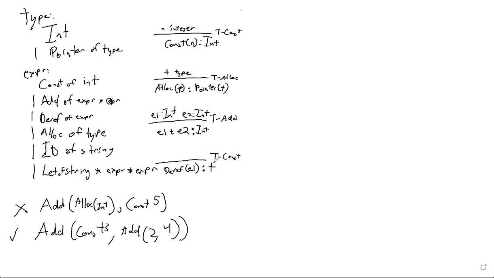Well, if E1 is int, for example, then we should never get that the deref of something of type int is of type T, because we want to rule that out.